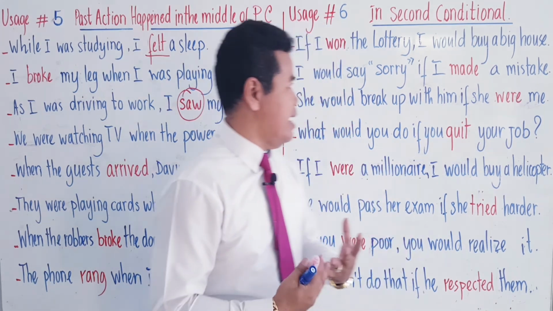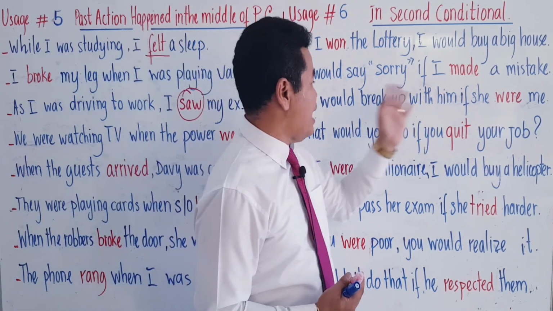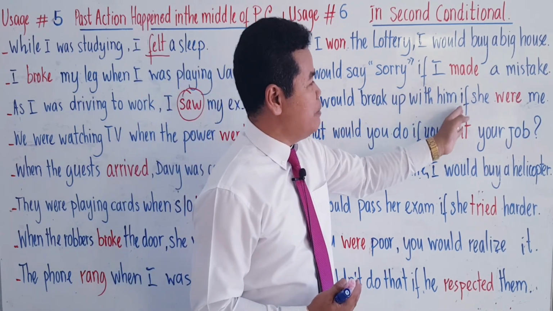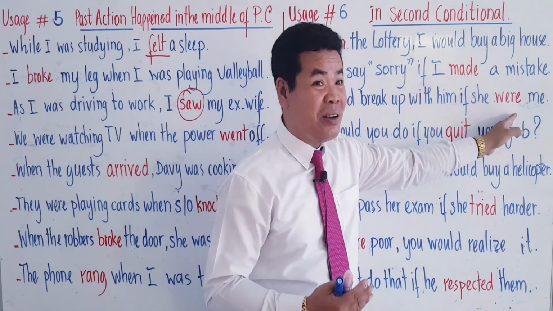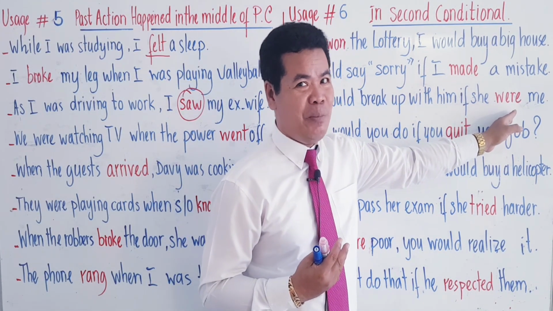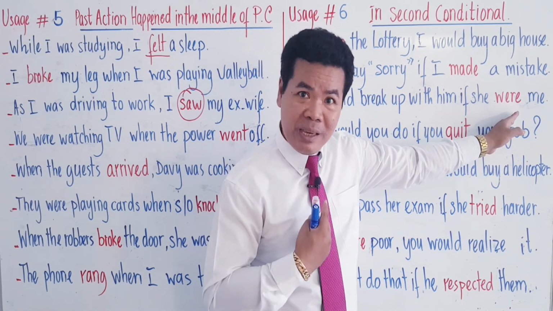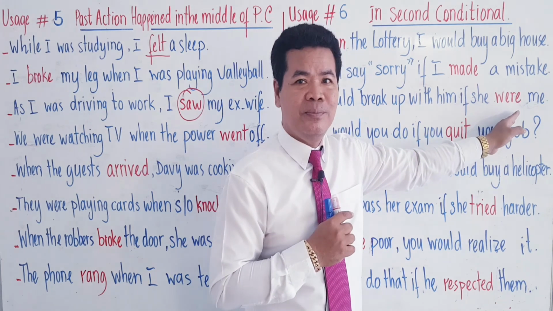So I say she would break up with him if she were me. But she cannot become me and I cannot become her. You understand? Me is me. Her is her.